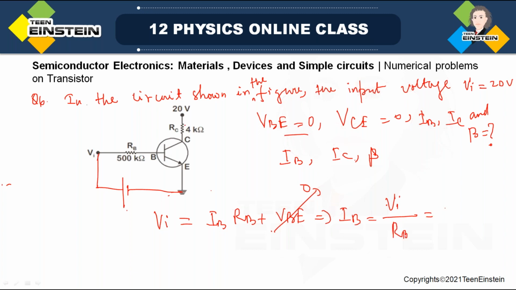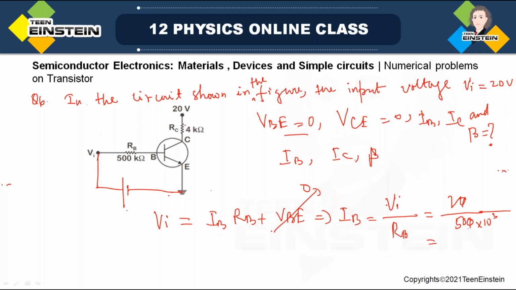Okay, so V input is what? 20, and RB, that is the resistance connected in series with the base part, is given as 500 kilo ohm. That means this is 10 to the power minus 3 again.